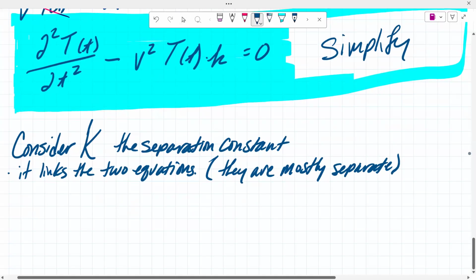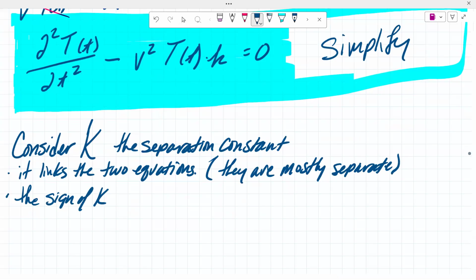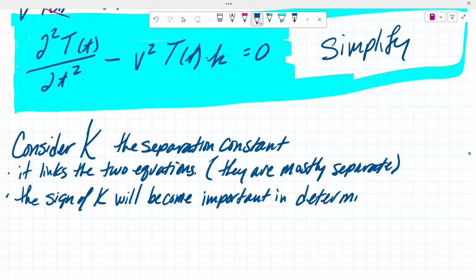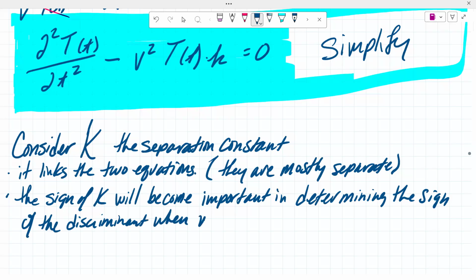The sign of k will become important in determining the sign of the discriminant when we solve the second order linear homogeneous differential equation. Okay. There are three cases.